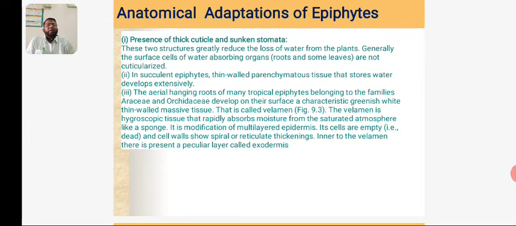It is a modification of multilayer epidermis. Its cells are empty or dead, and cell walls show spiral or reticulate thickening. Inner to the velamen there is a peculiar layer called exodermis.